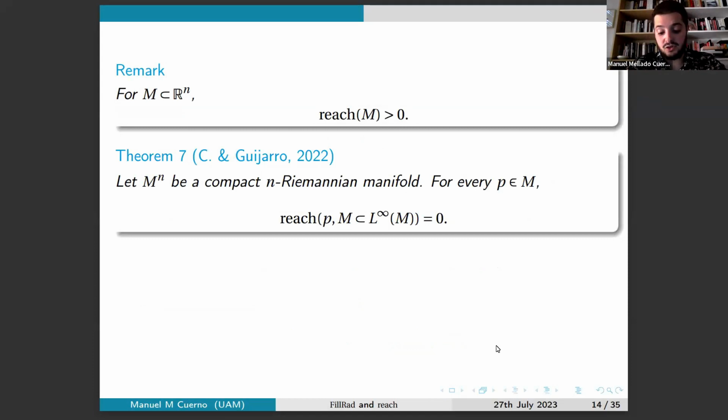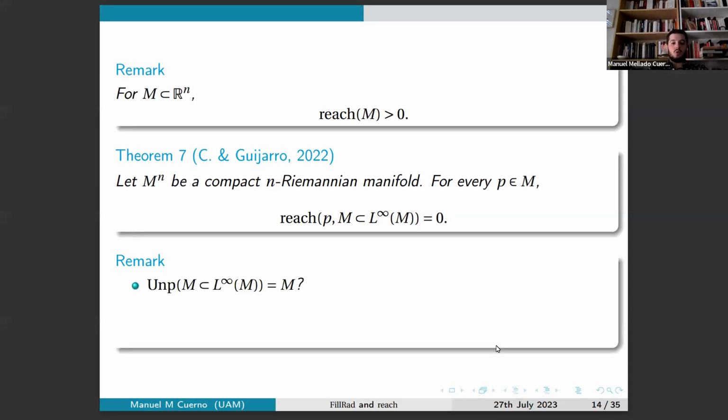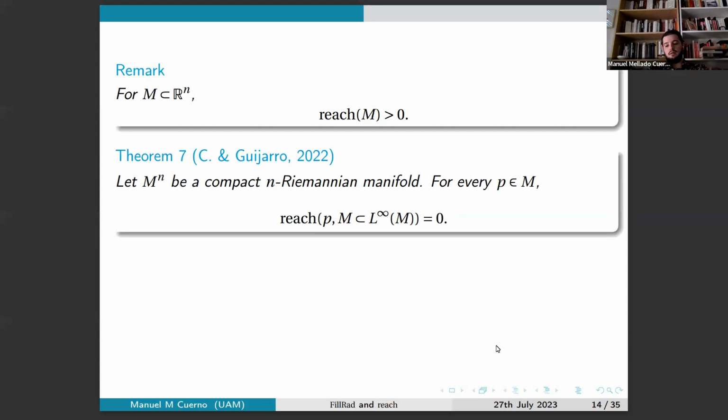And the surprising result we found was that if M is a compact Riemannian manifold, then for every point in the manifold, the local reach of the point is 0. After showing you the proof, I want to present some questions that we nowadays have about this surprising fact.